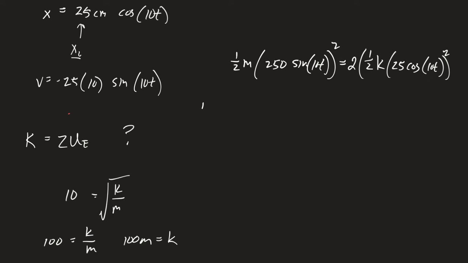So this is 1/2 times 250 is 125 m times sine squared 10t. And that equals 2 times 1/2 is 1. k is 100m times 25. Let's just make that 2500m cosine squared 10t. I'm doing this fast, so please check my arithmetic.